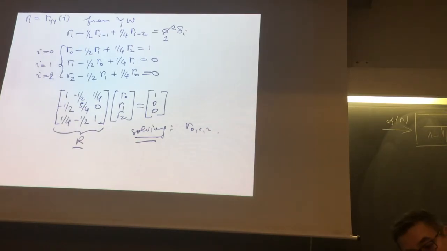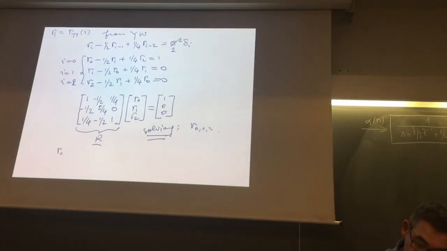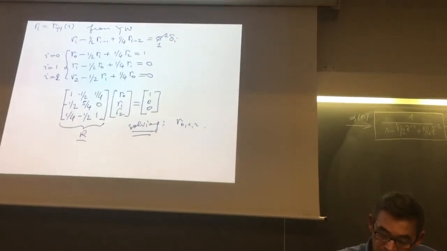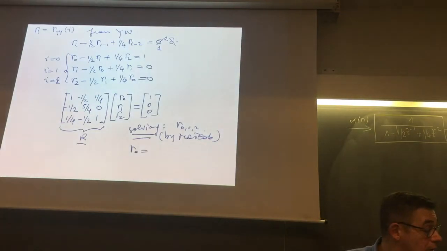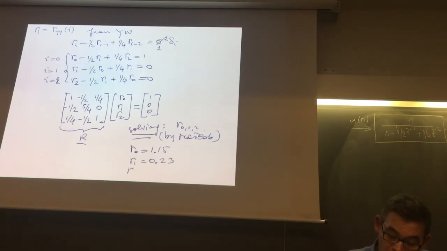Okay, so R0, solving here, 0.2, minus 1 point, no, point 17.